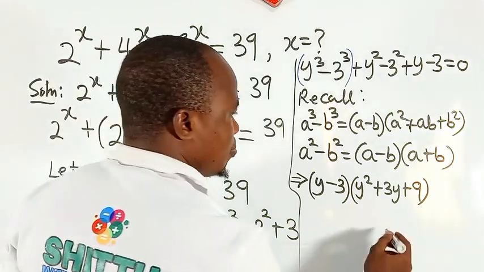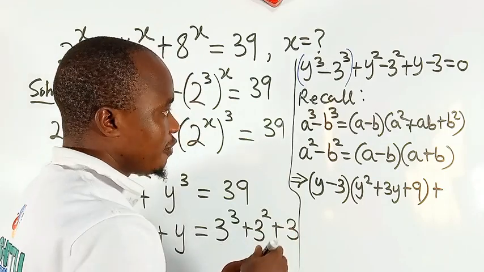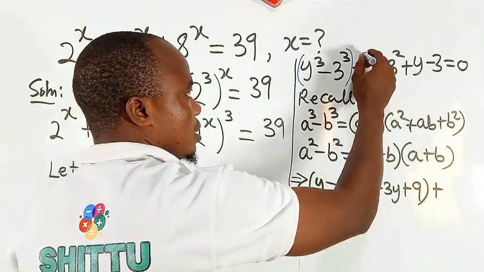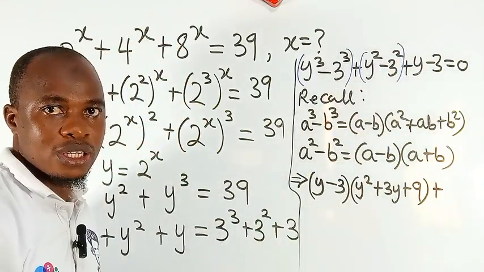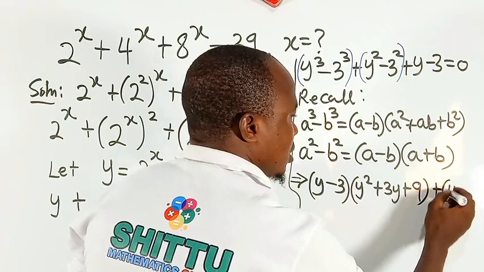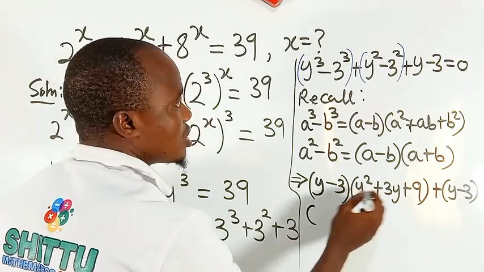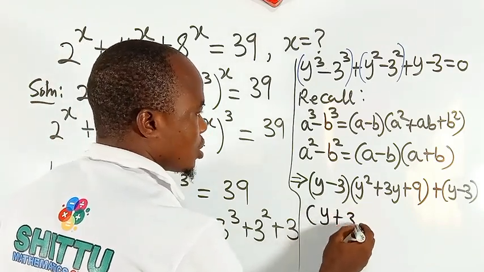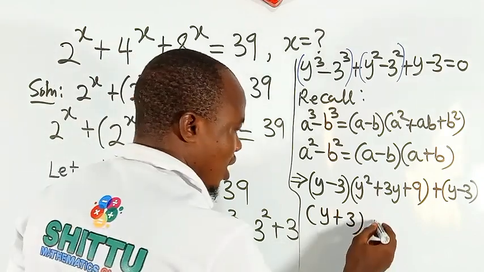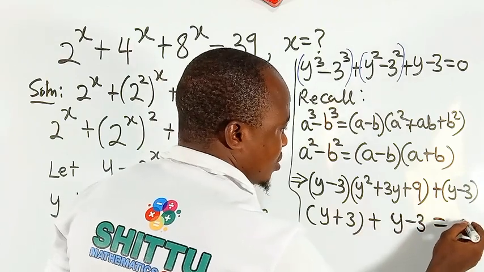Then plus, we have this, which is difference of 2 squares, so it's going to be y minus 3 times y plus 3. Then we have plus y minus 3, then everything equals 0.